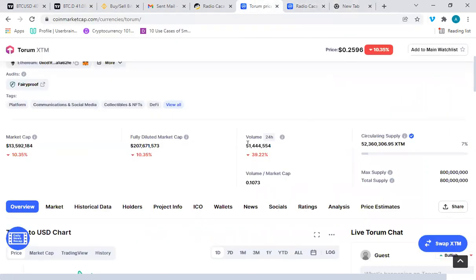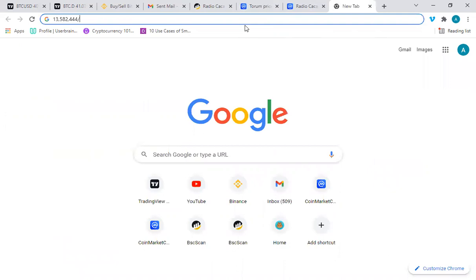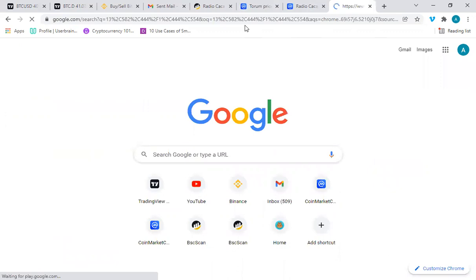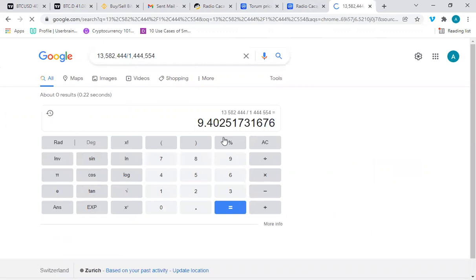Now I'll copy the 24 hours to do this one. Now, this is telling me that this is 9.4 NVT, which is actually low. The NVT is lower for this coin.